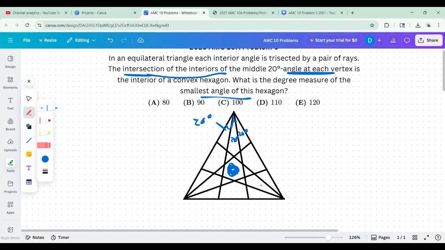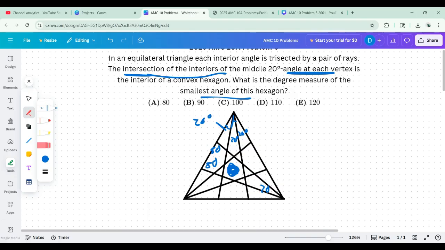Okay, so since this is 20 degrees and all the sides are congruent, that means these two bases, these two angles are 80 degrees each, because the sum of the angles of a triangle are 180.